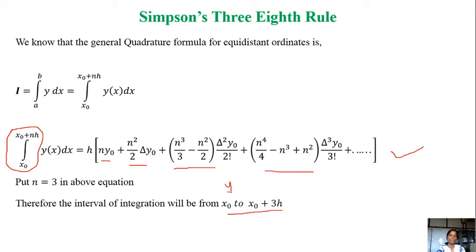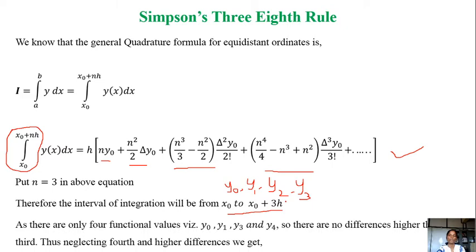The very first functional value is y naught, then at x0 plus h you will get the value of the function y equal to f of x as y1, then next is y2, and at x0 plus 3h your functional value is y3. So how many functional values are there? Only 4. As 4 functional values are there, there are no differences higher than 3. In fact, fourth and higher differences are 0, and therefore we neglect fourth and higher differences from this general quadrature formula.